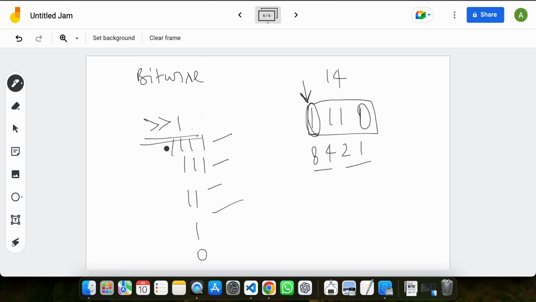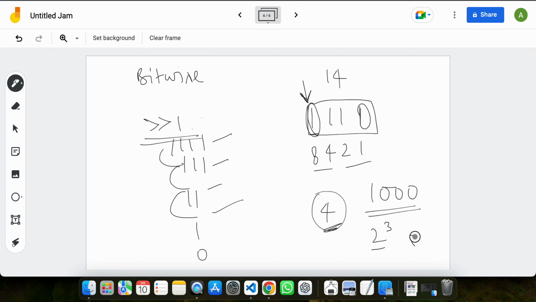After one time, it will become this, then this, then this, and when it becomes 0, I will stop. So I can say that it is made up of 4 bits. So the number which is made up of 4 bits and is a power of 2 is simply 2 to the power of the number of bits minus 1, that is 2 to the power 3, which is 8. If I write the binary representation of 8, it will be this.